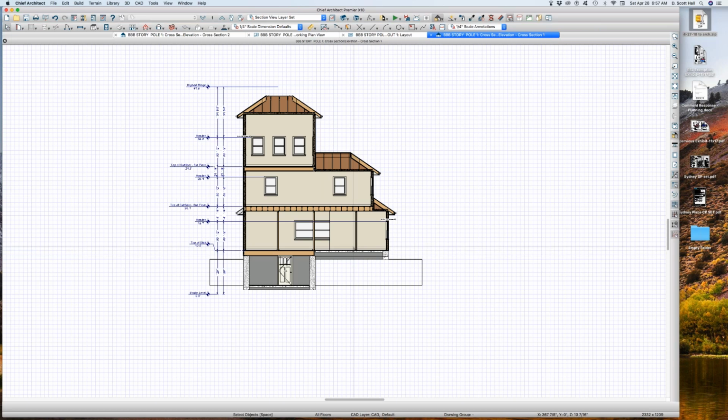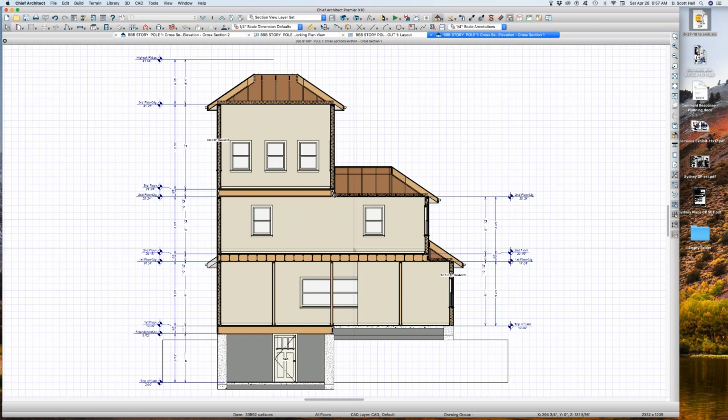Foundation ceiling. That's how it named it. So this is the foundation. Top of slab. I think I like it.